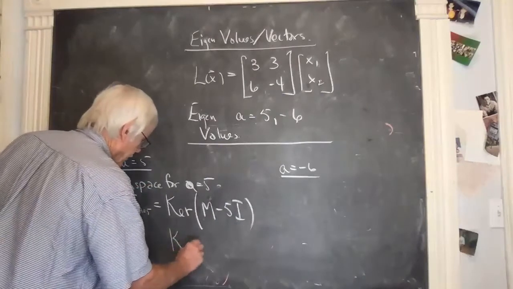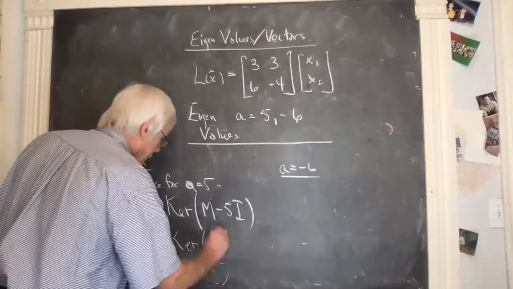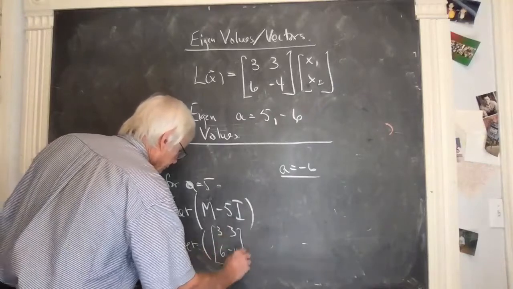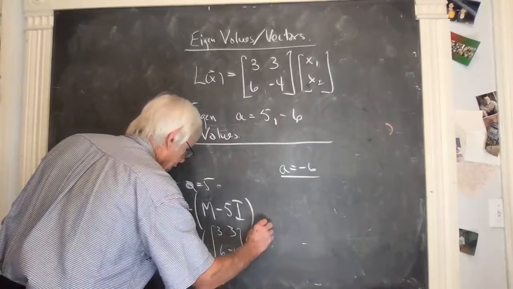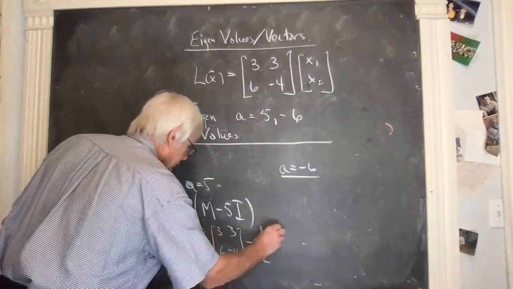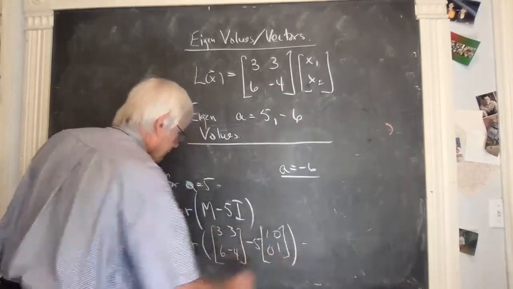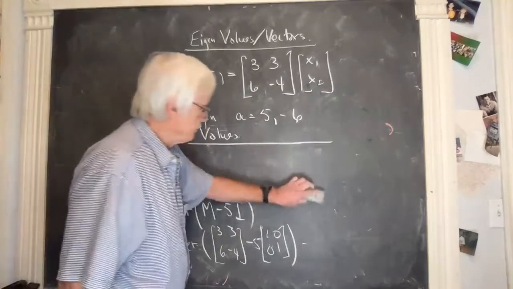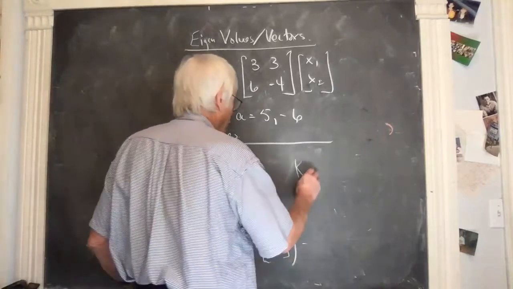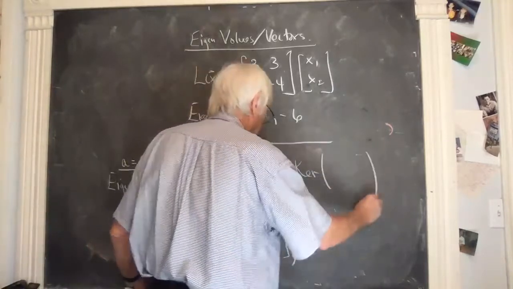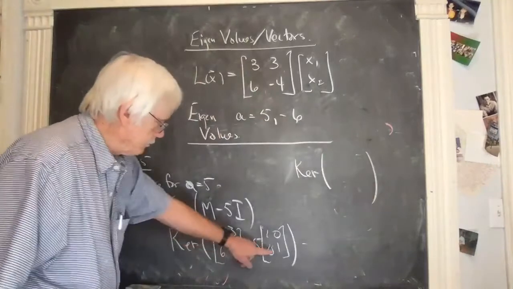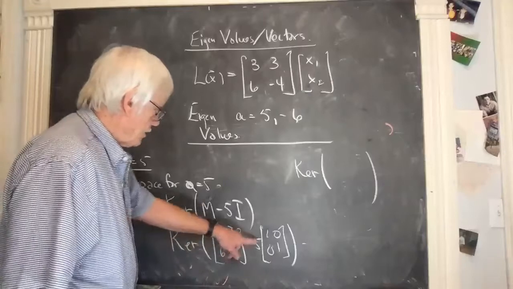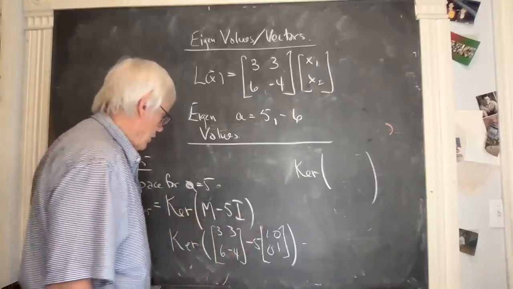So this is the same thing as the kernel of M, 3, 3, 6, minus 4, minus 5 times the identity. A little bit more work on finding what that is. This is the kernel of the matrix, not the original matrix, but minus 5 times I. So -2 here and -9 here.